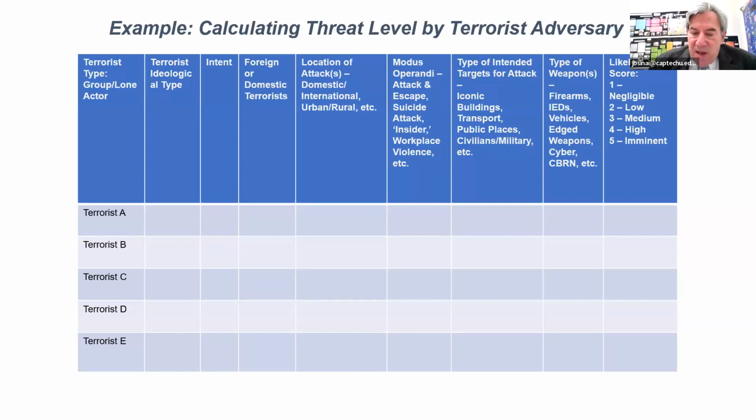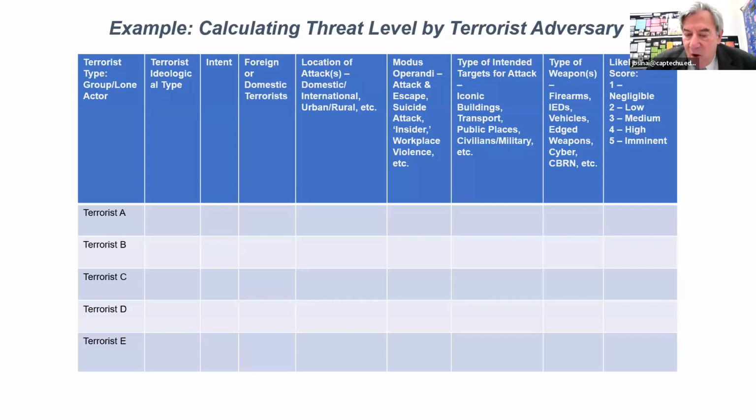And then the type of intended targets for their attack. Are they iconic buildings, transportation nodes, public places? Are they going to attack civilians or the military or both? And the types of weapons that they're likely to use in an attack.